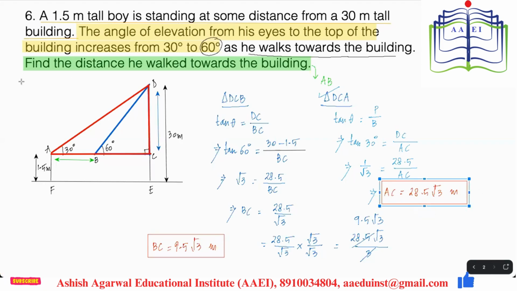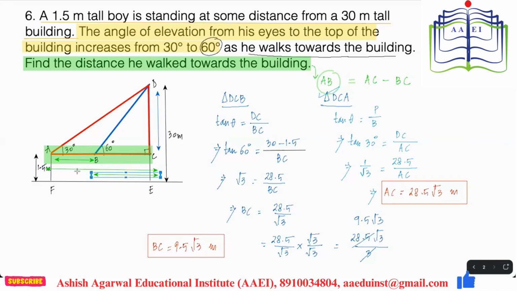Now, after having calculated these two values, our focus will be on the final answer. Our question is to find the value of AB. So to find this AB value, what equation can we make? Let us see. You just focus on this line. We need to calculate AB. So don't you think we can write the equation for AB as AC minus BC? If we subtract only the BC part from the whole AC, we are anyhow going to get AB alone.